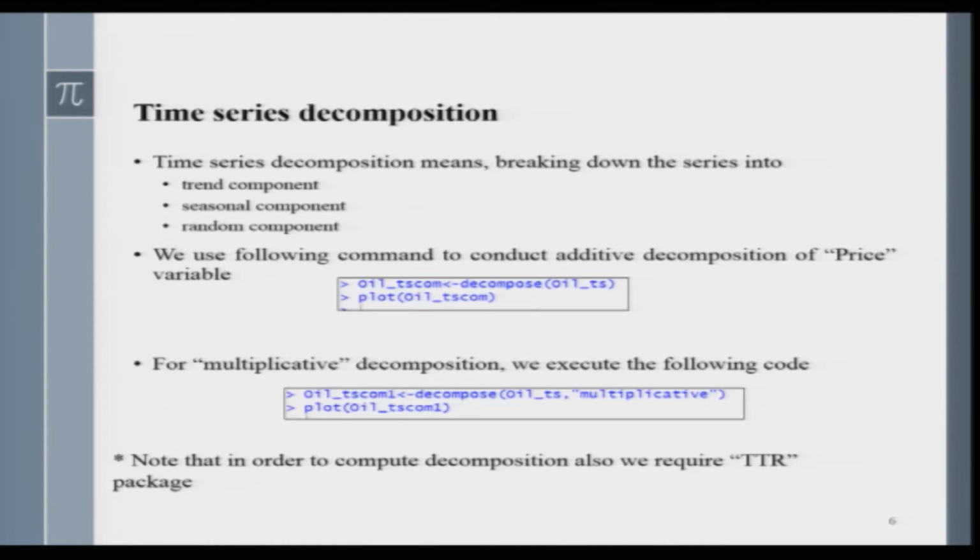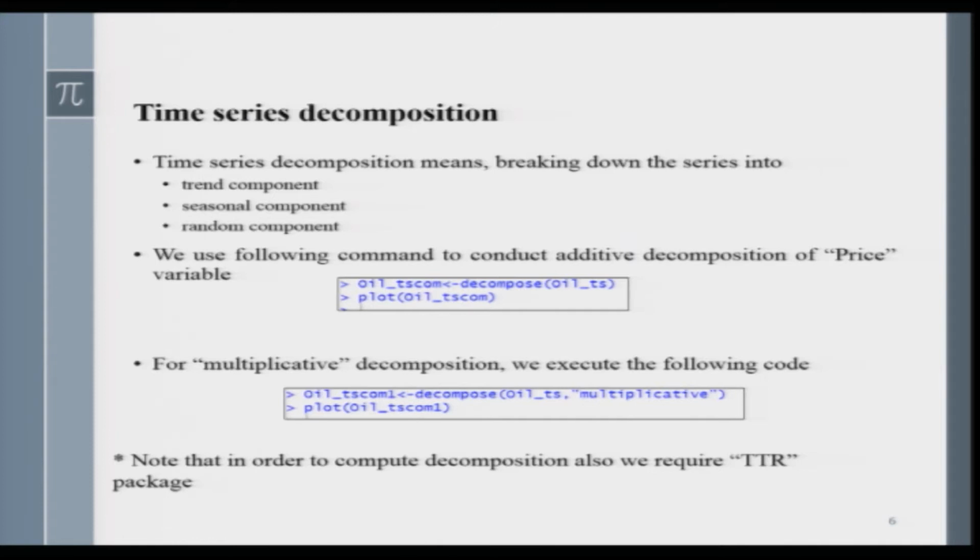So, if you want to follow additive decomposition, then you define a new variable, say oil_TScom, and after that you write the decompose command, and it will decompose a particular data, and that data is basically oil_ts. Okay. Now, you see that this decomposition result will be stored in this oil_TScom.